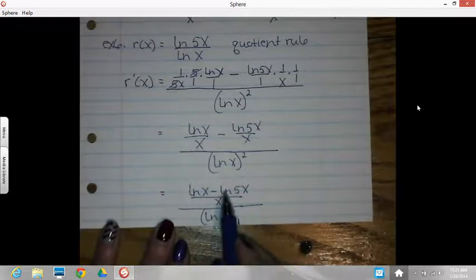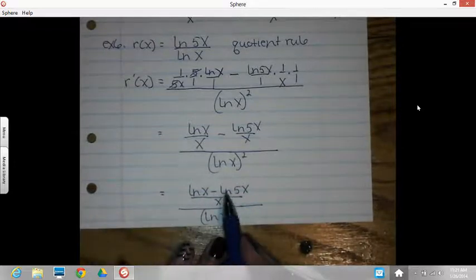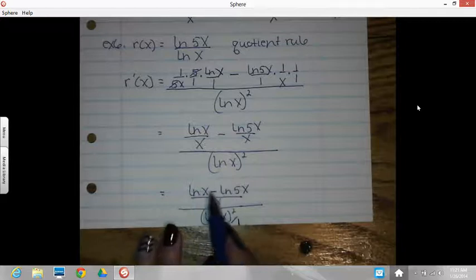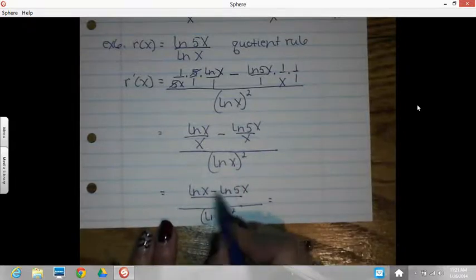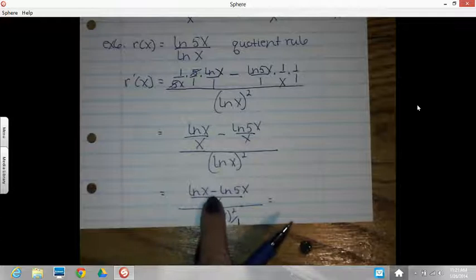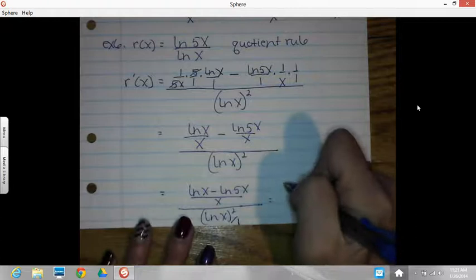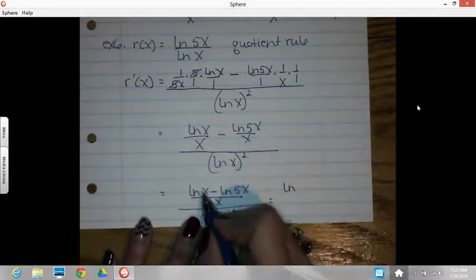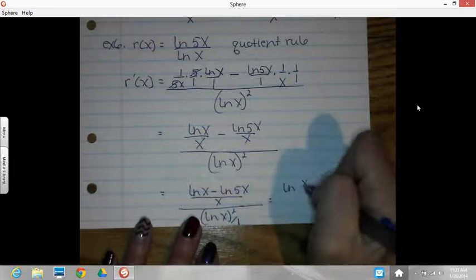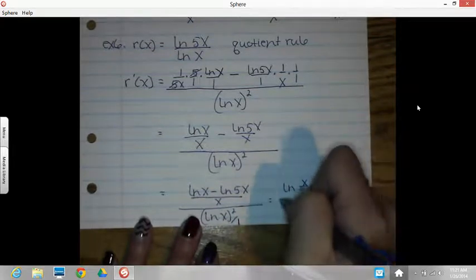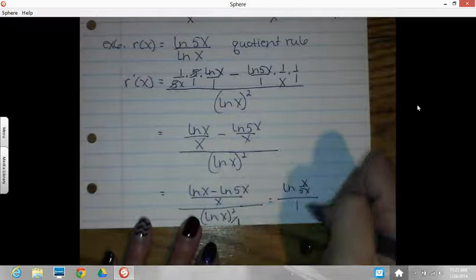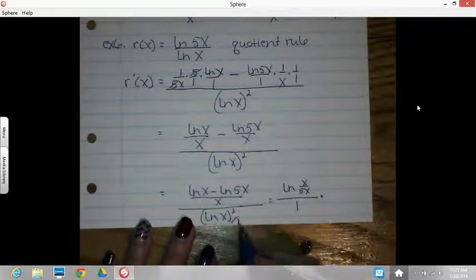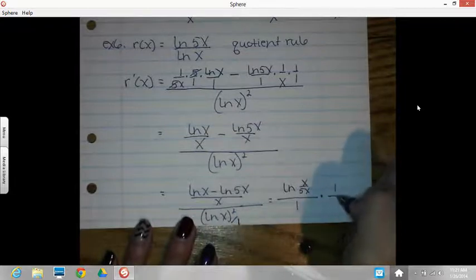I'm going to combine these together, and I'm going to flip this bottom one over and multiply it by this top fraction. So combining here, because I have a property, a log minus a log, I can bring that together as the log of a quotient. So this is going to become the log of x divided by 5x. Then that's all over this x. Now I'm going to multiply by the reciprocal of this bottom fraction here. So flipping this over, that's 1 over natural log of x squared.